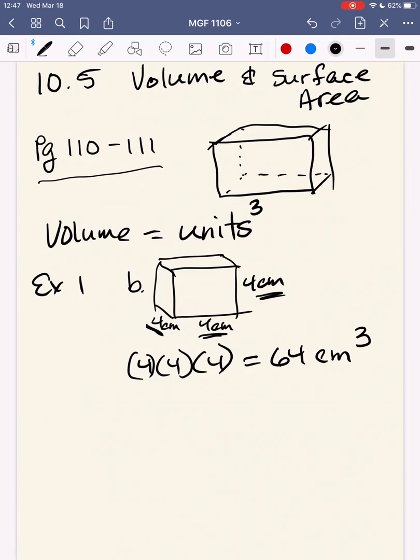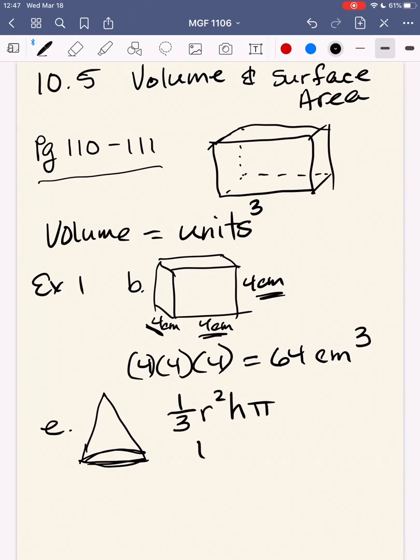Okay, staying with example 1, I'm going to go to part E. So this one is a cone. For the cone, the formula is 1/3 pi r squared h. So I have 1/3.